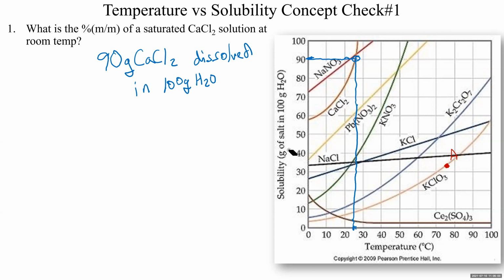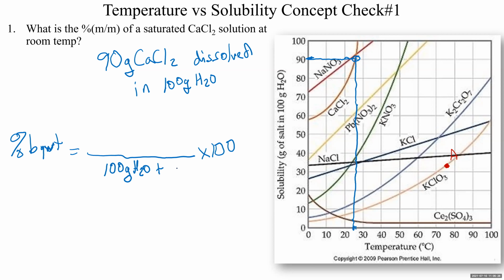So the mass of the solution, the denominator in our percentage, our percent by weight or by mass, however you want to say it, is going to equal 100 grams of water, that's our solvent, plus 90 grams of solute.